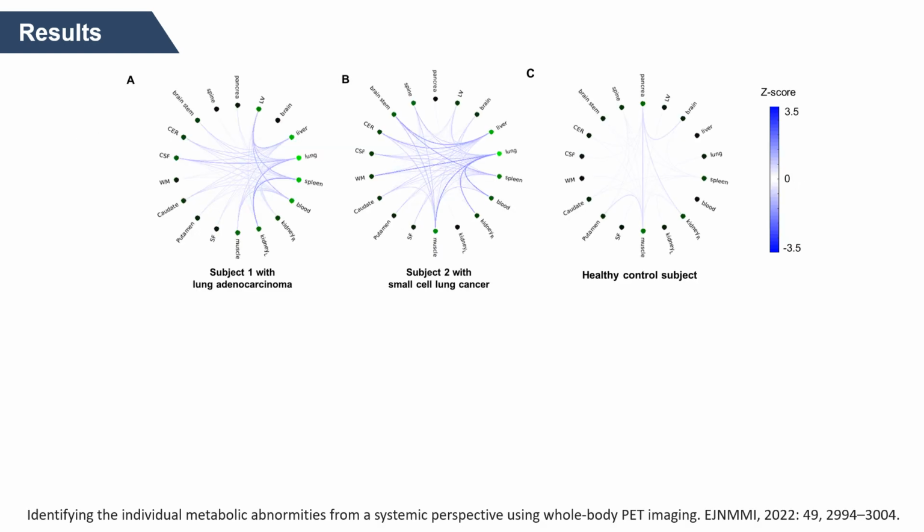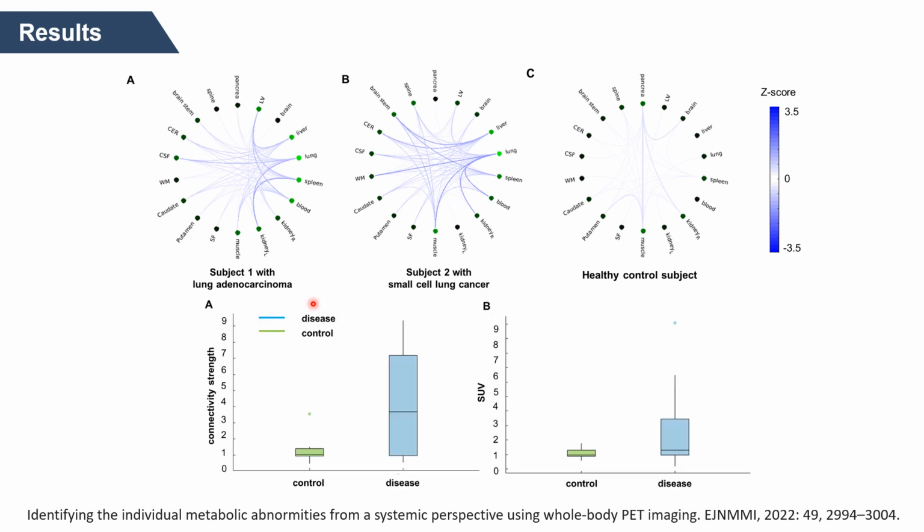This can be visualized: these two patient networks are indeed different from the healthy control network, but they themselves are different too. Additionally, the connectivity strains that link to the lung appear to be more capable of separating the control from the disease group, as we measured.